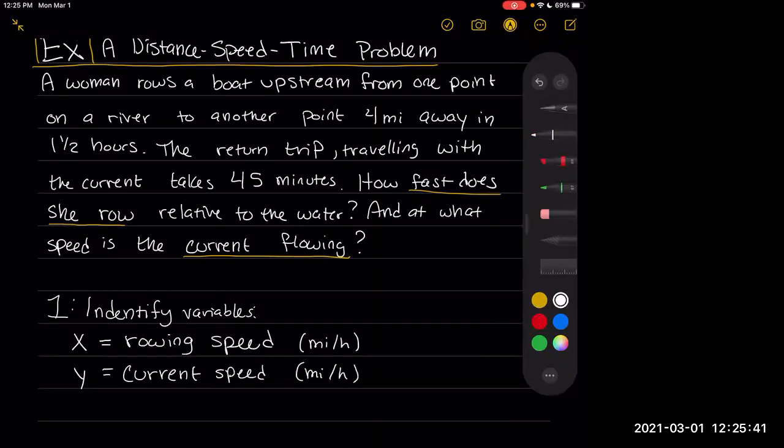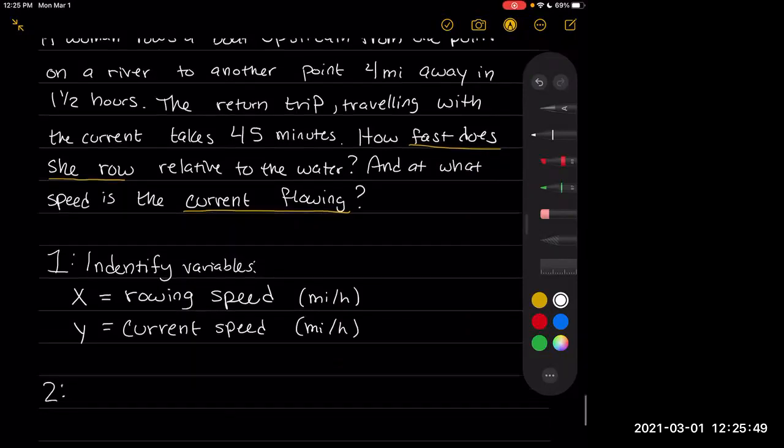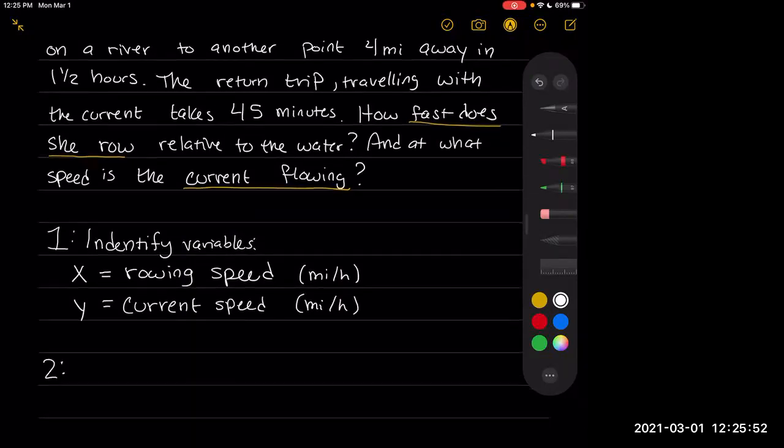Okay, so now that we know what the question is asking us, we need to create a system of equations to set up our system. So this is going to be express unknowns in terms of variables.